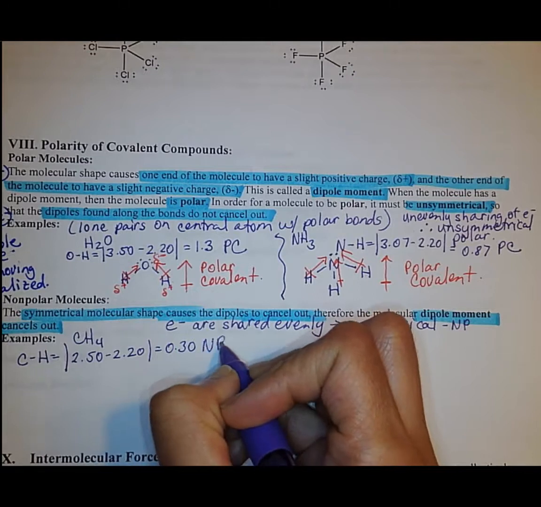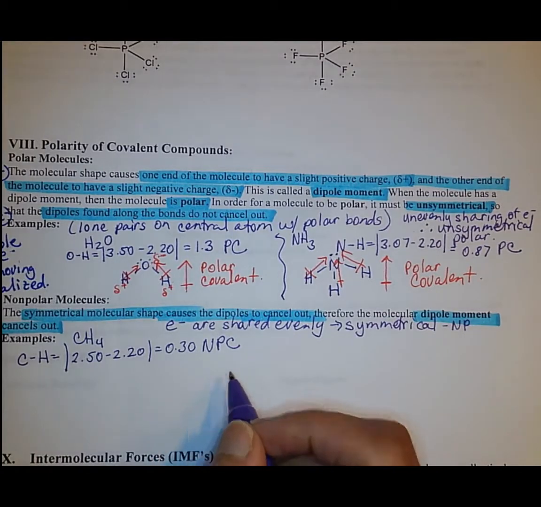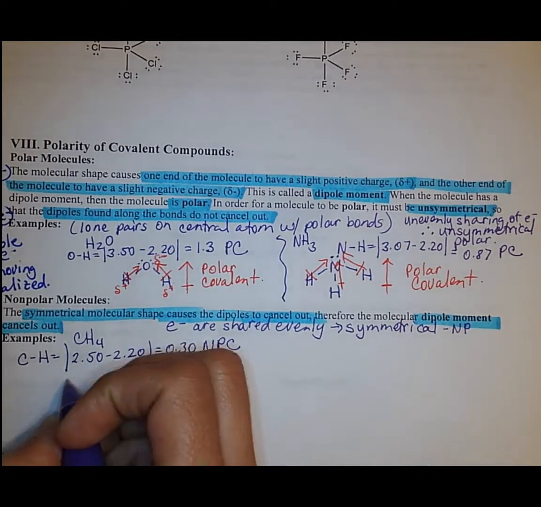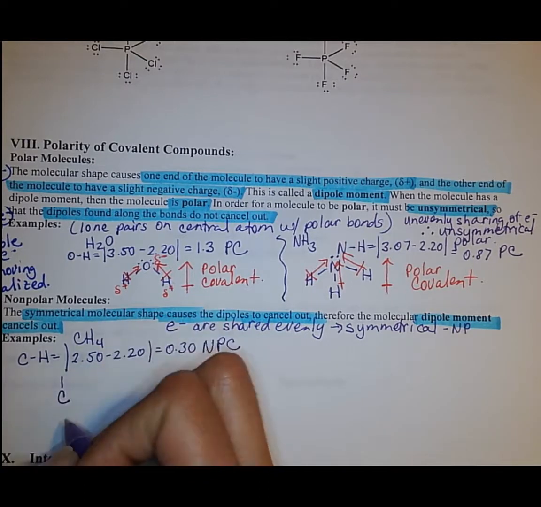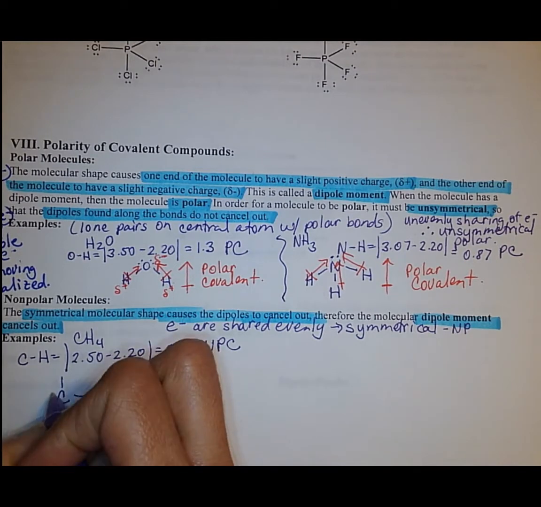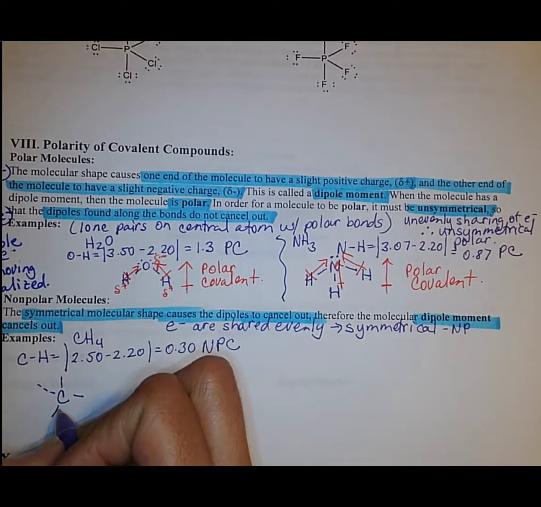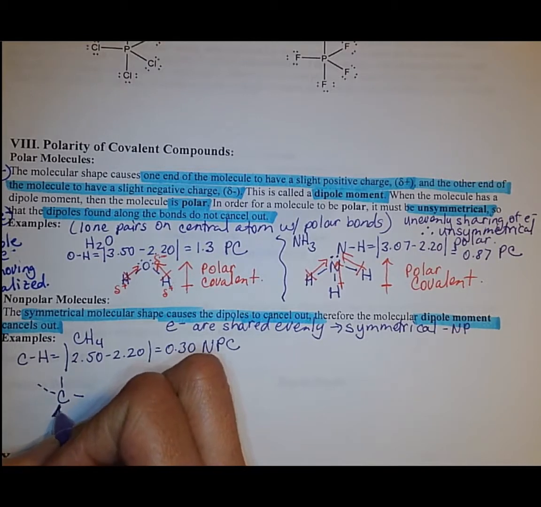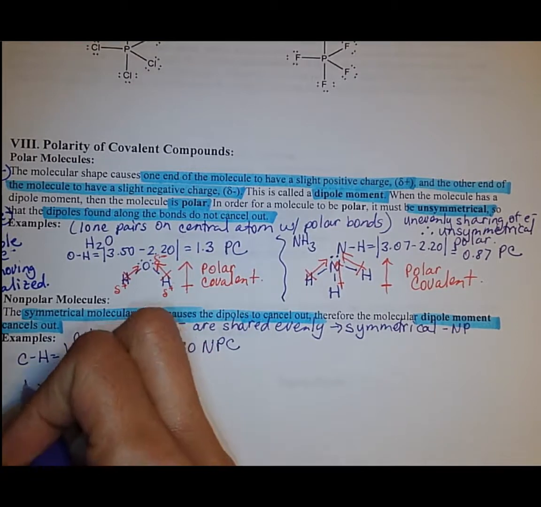But don't take the word of the math. Look at the picture also, which can say a lot more than the math can. If we draw our molecule, we'll realize that this is actually a tetrahedral. So you've got hydrogen, hydrogen, hydrogen, hydrogen.